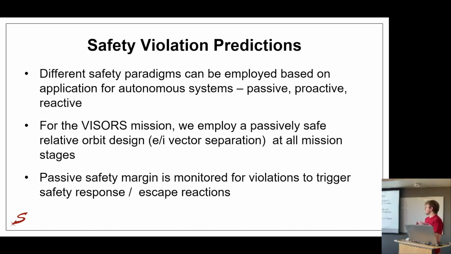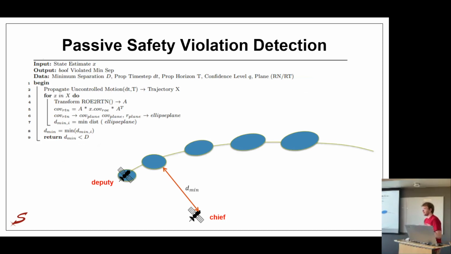So in order to monitor the robustness of the margin of passive safety, we use an algorithm that checks basically the margin between the chief spacecraft and a confidence interval around the deputy spacecraft.